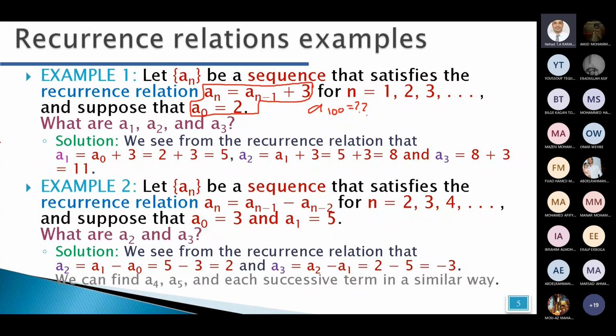Okay. Another example here, we have the sequence an and its recurrence relation is this one.